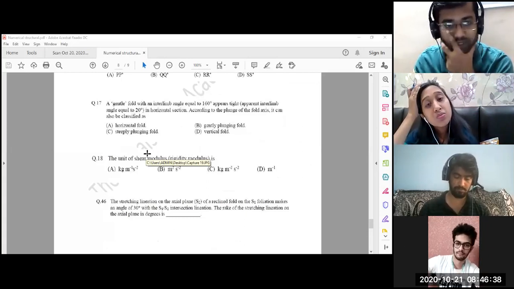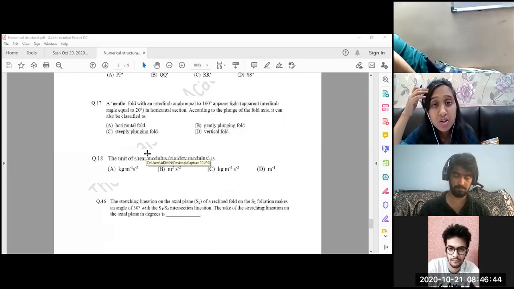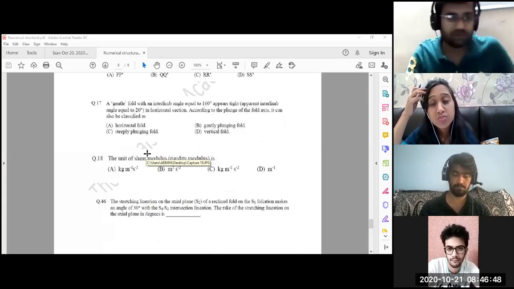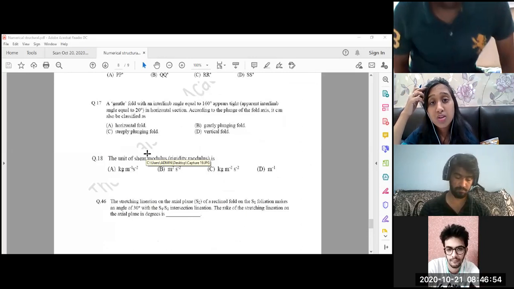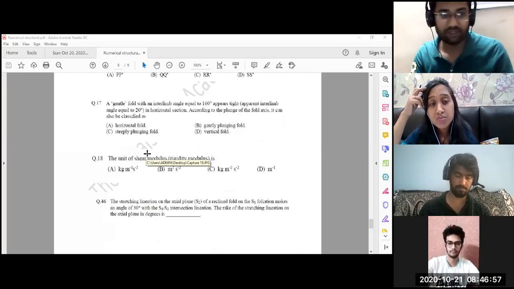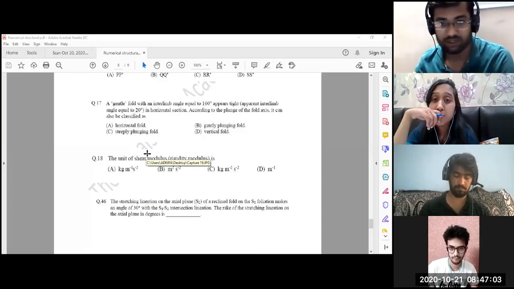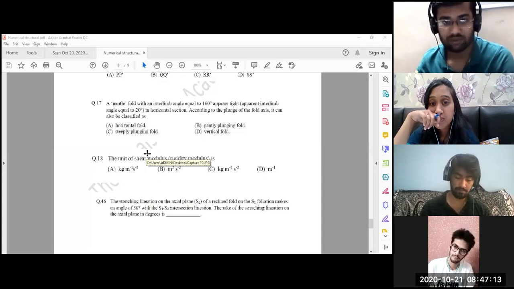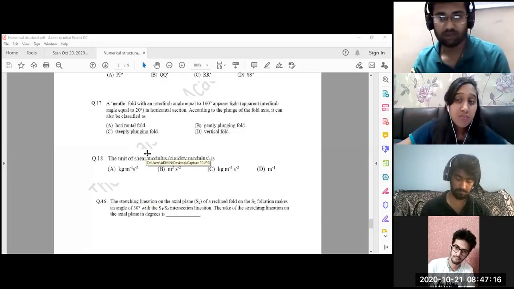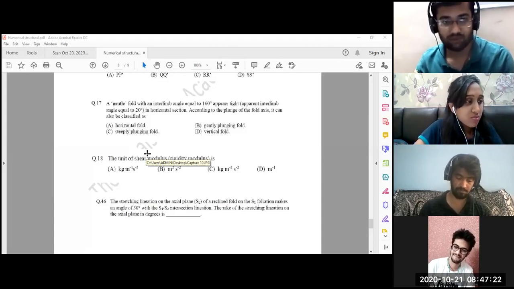According to the plunge of the fold axis, it can also be classified as.